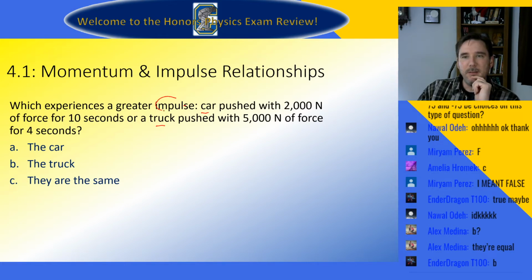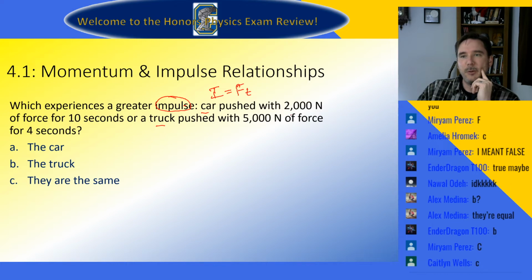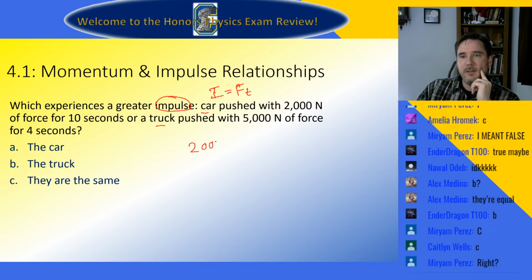It wants impulse, right? Impulse is force times time. So if we take the force times the time for each of these things, 2,000 times 10 is 20,000.